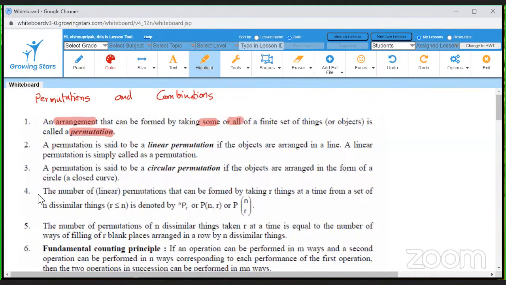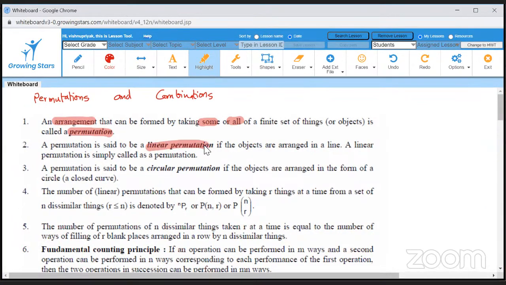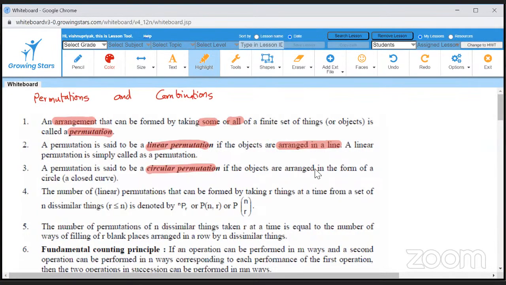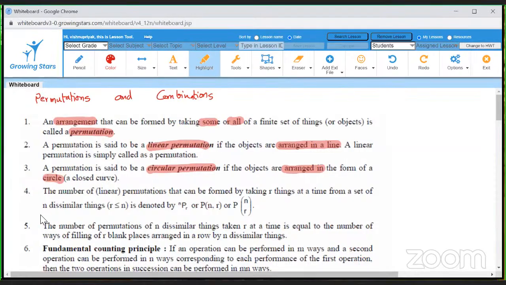We can take a few things or we can take all the things. Next comes, what is linear permutation? Linear permutation means when we are arranging in a line. That comes under linear permutation. Now, circular permutation means if we are arranging in a circle, a closed curve, that is circular permutation.